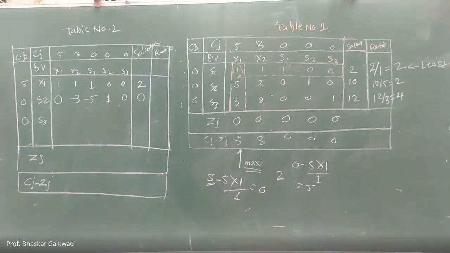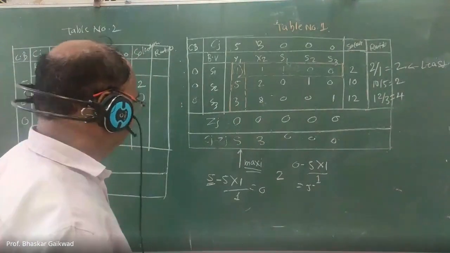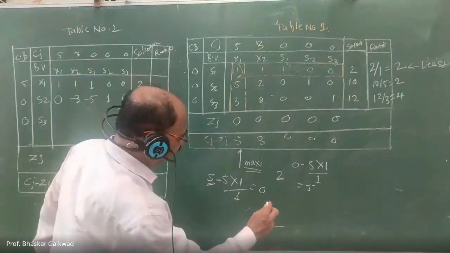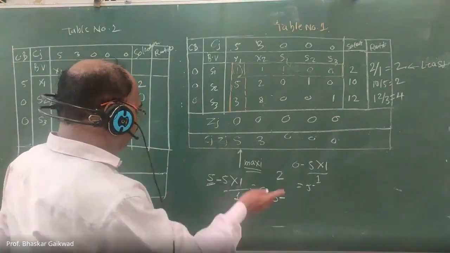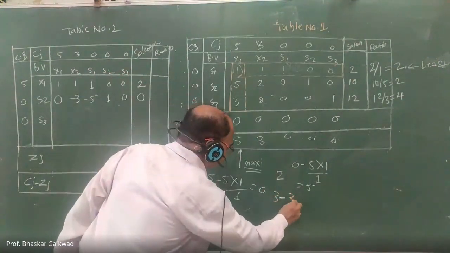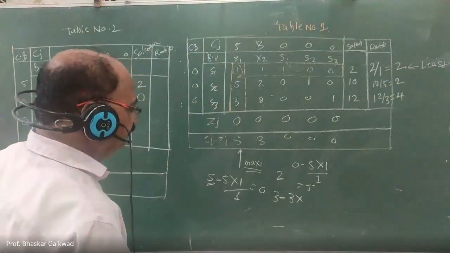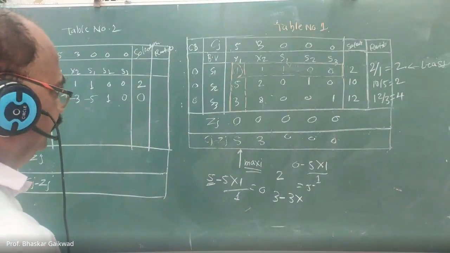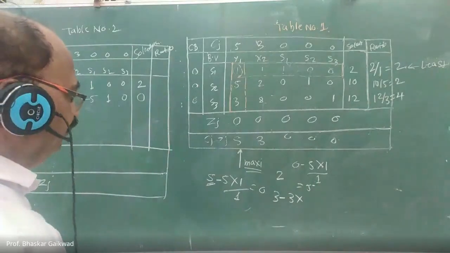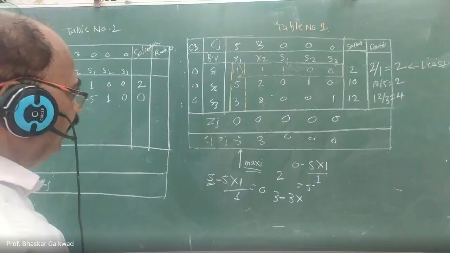How is it? See that original value is 3 minus corresponding row value is 3, and corresponding column value is 5.